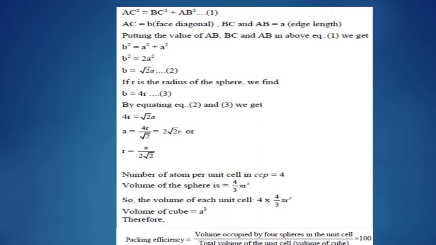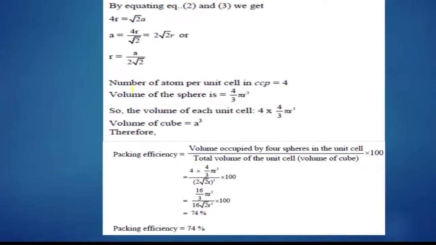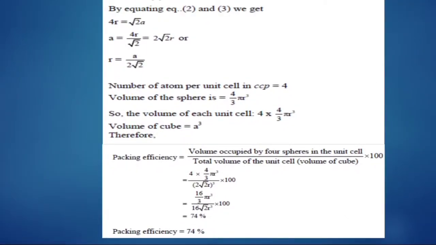And we know the volume of cube is a cube. Now, let us apply the packing efficiency formula. Packing efficiency is equal to the volume occupied by 4 spheres in the unit cell divided by the total volume of the unit cell, that is the volume of cube, into 100.